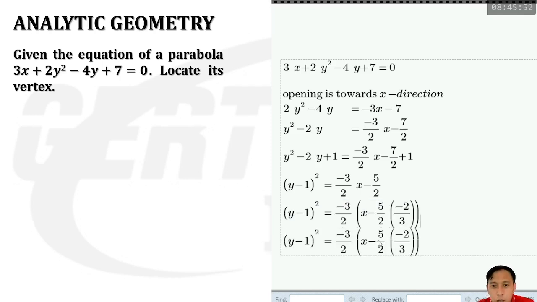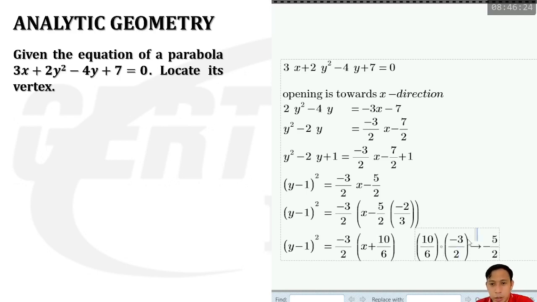So this should be equal to 10 over 6, positive 10 over 6. That's it, no? If I would multiply 10 over 6 and negative 3 halves, it should go back to negative 5 halves.